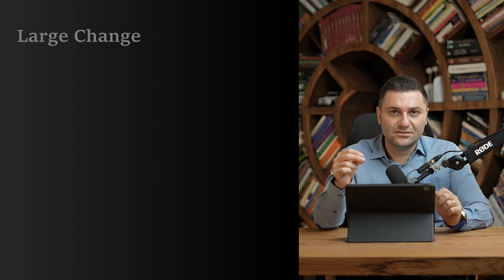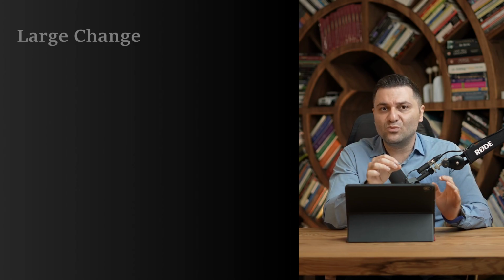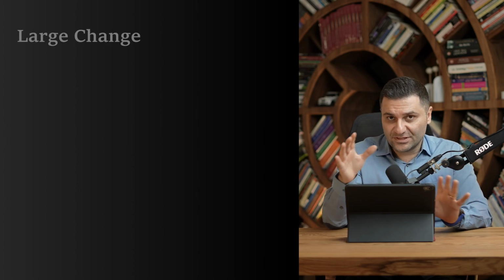So this is a very big increase, but it's not fast. Fast is when, during a period of maybe 1 year or 2 years, we witness a very fast increase or drop. So this is the difference between fast and large change.